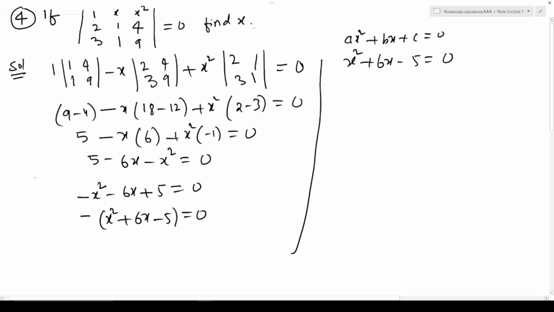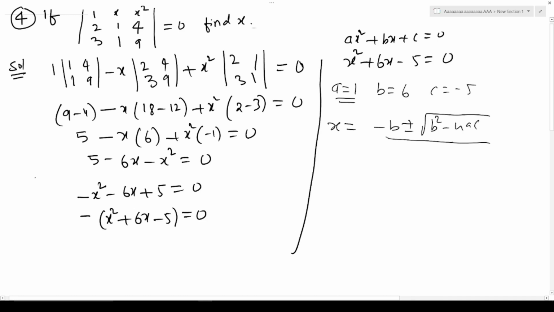Solving by the quadratic equation method, that is ax square plus bx plus c equals 0, implies a equals 1, b equals 6 and c equals minus 5. Roots of this equation are given by minus b plus or minus under root of b square minus 4ac, upon 2a. So x equals minus 6 plus or minus under root of 36 minus 4 into 1 into minus 5, upon 2 into 1.